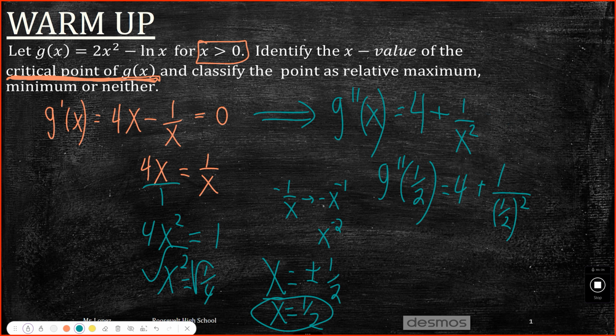We just want to know if it's positive or negative for concavity. 4 plus, it's positive, because this thing is going to be positive. Is that concave up or concave down? Concave up. So it must be a minimum, no?